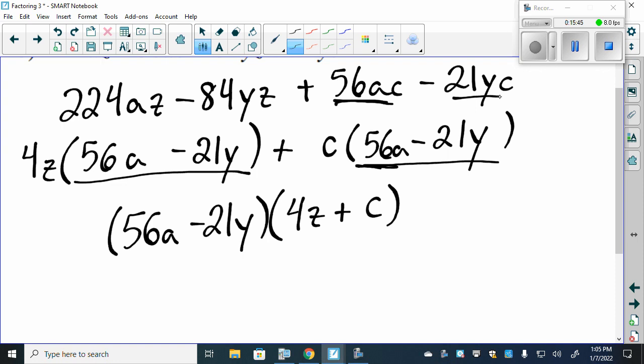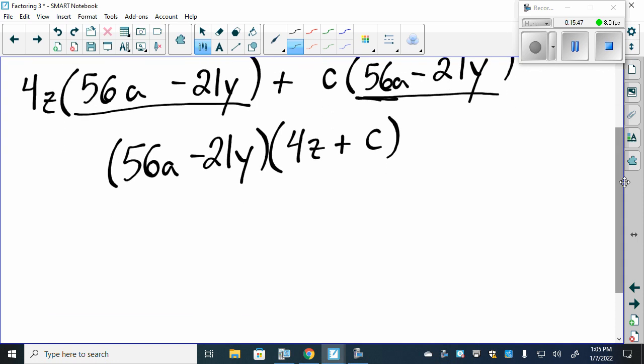So when we look back at this, especially when it wants us to factor it completely, well, the degree of both of these here is 1. So we can't factor using sets of parentheses any further. But is there a greatest common factor between any of these here? Will 7 go into both 56 and 21? Yes.